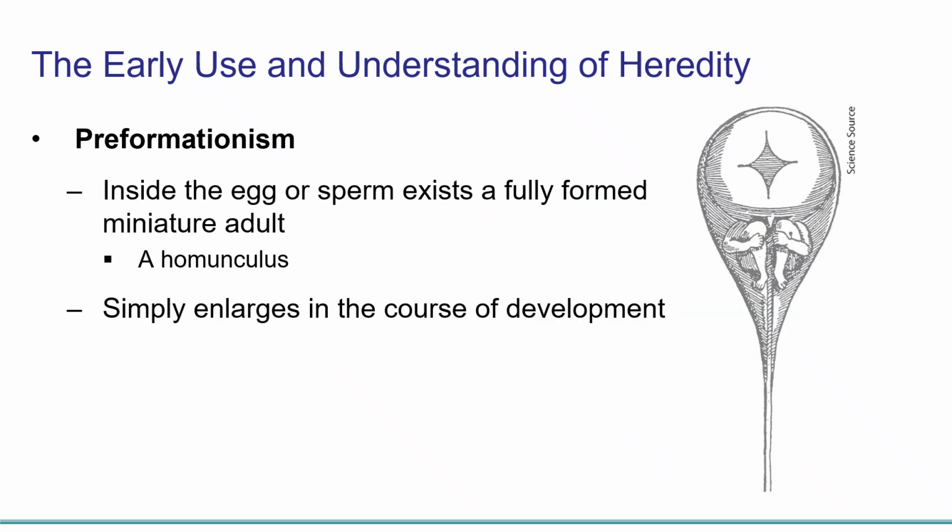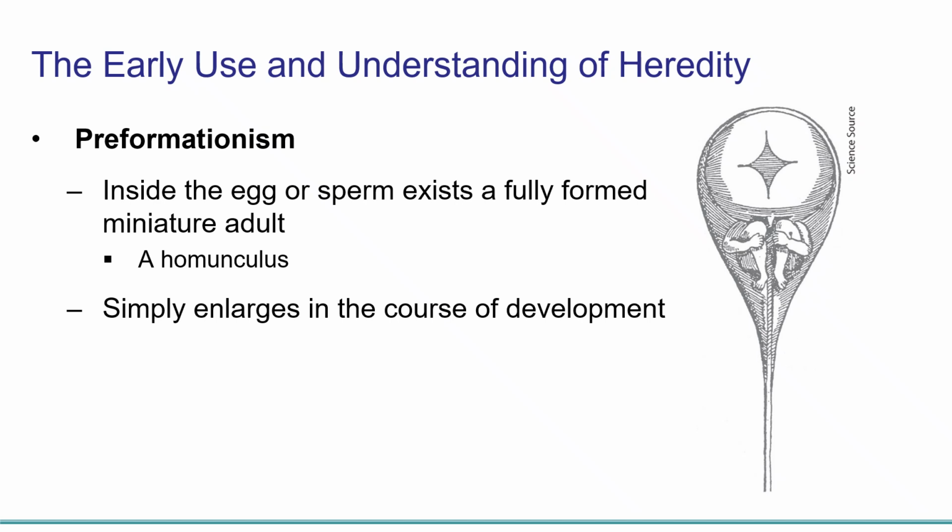So one of the crazier ideas, at least I think it's crazy, is the idea of pre-formation. And again, you can probably imagine how people came up with this. Basically, the idea of pre-formation is that inside the sperm or the egg, there is a fully formed miniature adult.